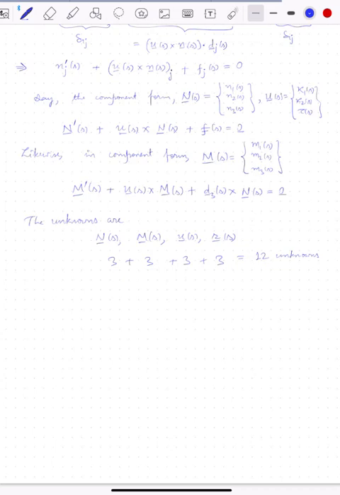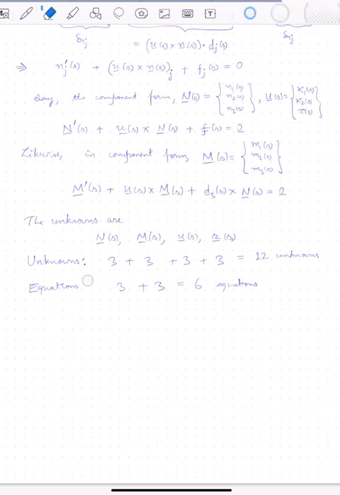And how many equations do we have? 3 plus 3 is equal to 6. So what we see is we have some issues here. The issue is we are deficit in the number of equations.